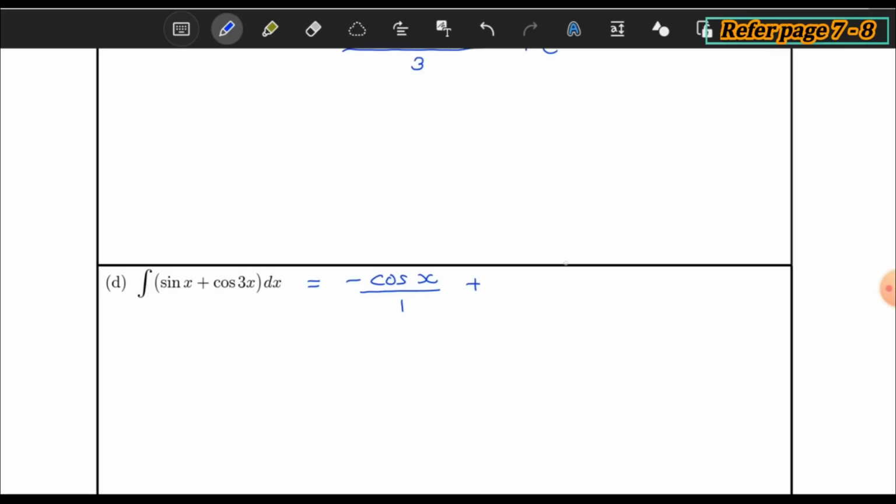Plus, integrate cos 3x is sin 3x divided by 3 plus c. So the final answer is negative cos x plus sin 3x over 3 plus c.